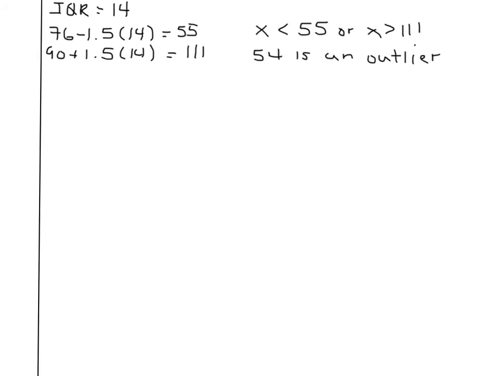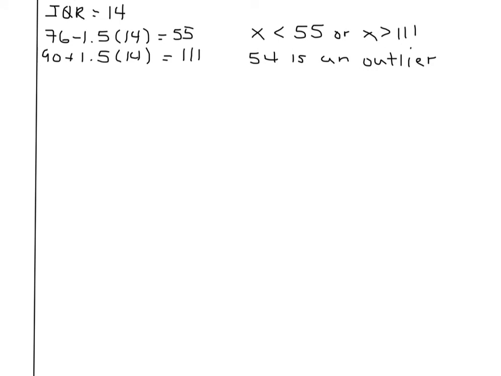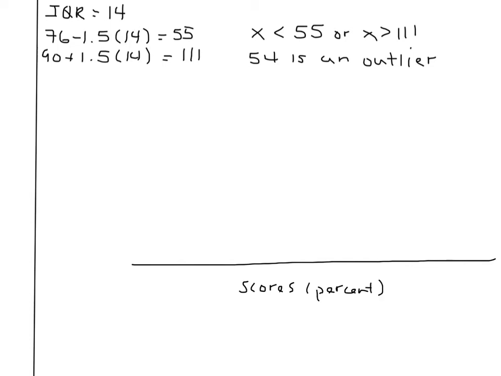So next, to make our modified box plot, we need our number line. All right, and we want to make sure that we're labeling our units. Our units here are quiz scores, and these are by percentages. All right, so smallest number in both data sets is 54.